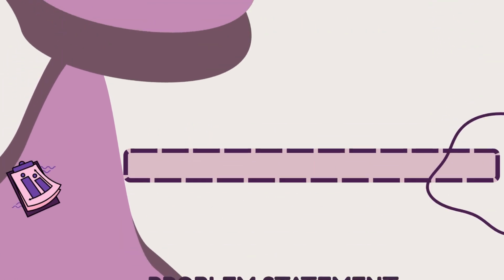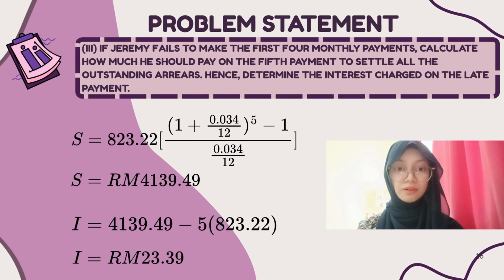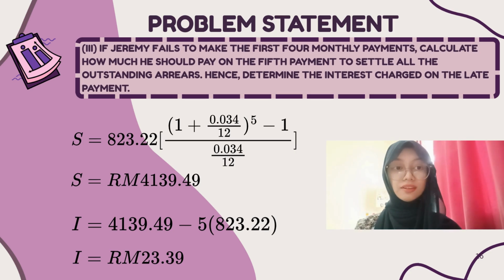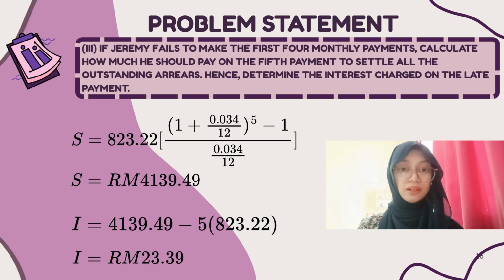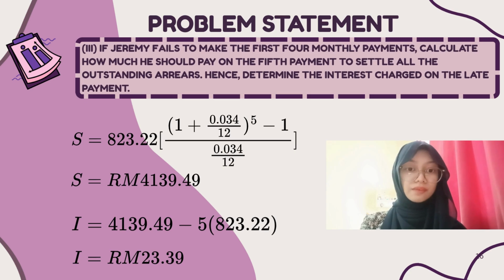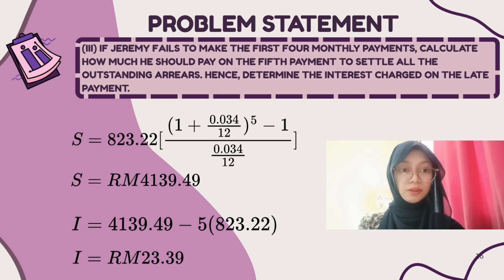From the previous question, we already found the monthly payment, which is 823 ringgit and 22 cents. In this question, we have to use the S formula, known as future value, whenever we have an overdue or outstanding payment. We use 5 as our n because, as the question mentioned before, Jeremy should pay on the 5th payment to settle all the outstanding arrears.